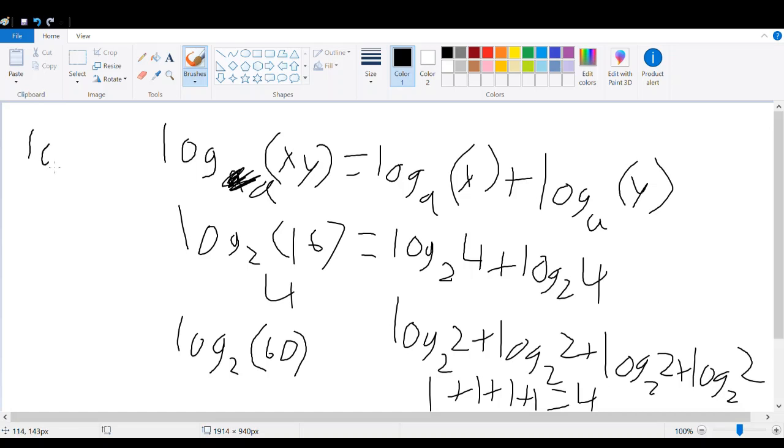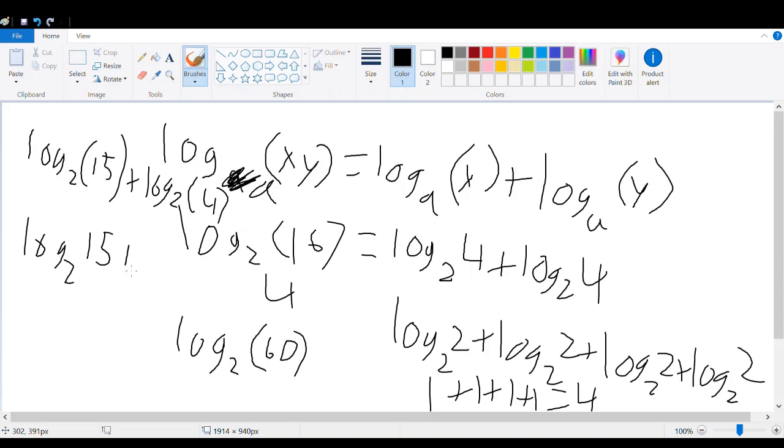So we do log base 2 of 15 plus log base 2 of 4, which we know is log base 2 of 15 plus 2. And that's where you'll use it most, in problems where you have to expand logarithms. Let's jump into the next property.